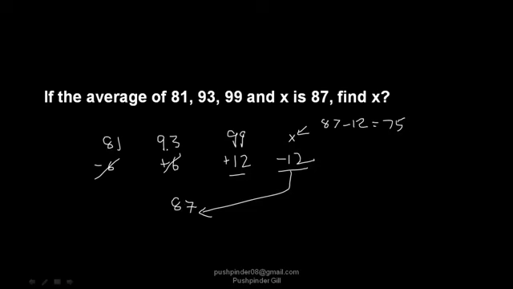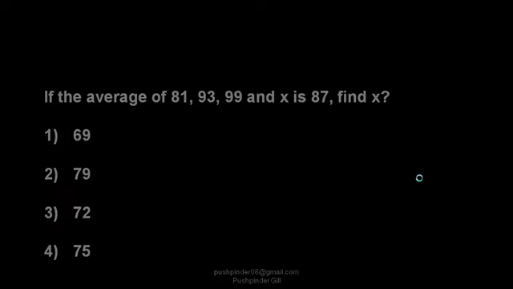Positive 12. And if I calculate all the deviations, I get a positive 12. That means I must get a negative 12, so that the negative and positive deviations are equal and I get a 0 deviation. That means this number must be 12 lesser than the average, and that number would be 75. Right? I hope everyone understood this.